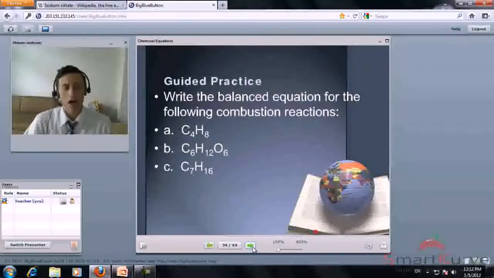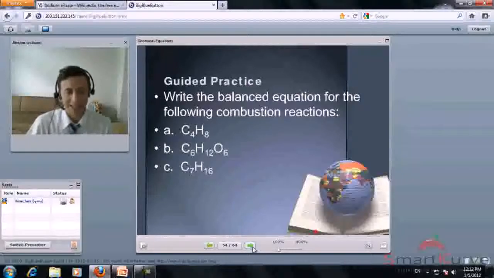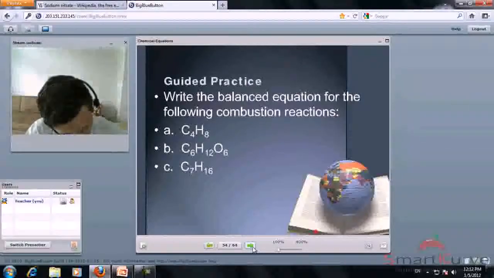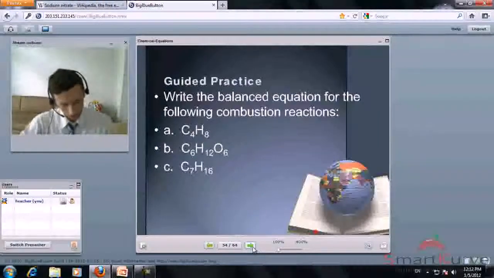And the reason I want to take a special look at that is because it is such an important molecule, that is glucose. So when we write a combustion reaction for glucose, this is actually how your body gets energy. So here we go.